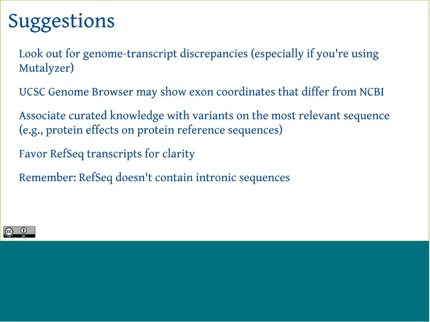So if you say 20+13 A to T, you can't validate that because the RefSeq sequence doesn't have that intronic sequence. So the best you could do is project that to the genome and then validate the sequence there.